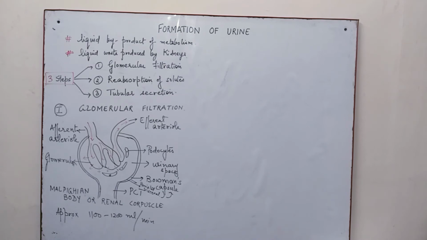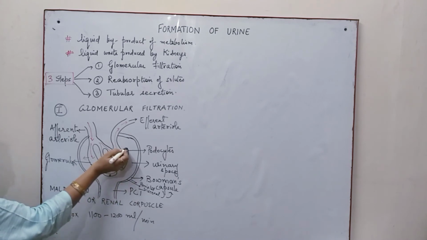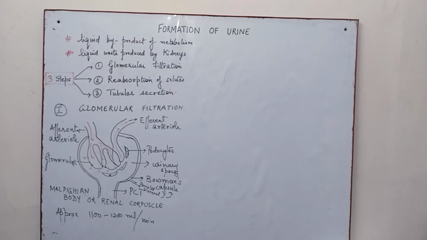Now the parietal layer is made up of simple squamous epithelium, while the visceral lining has podocytes. These podocytes are actually spindle-shaped long cells, and they are important for filtration.